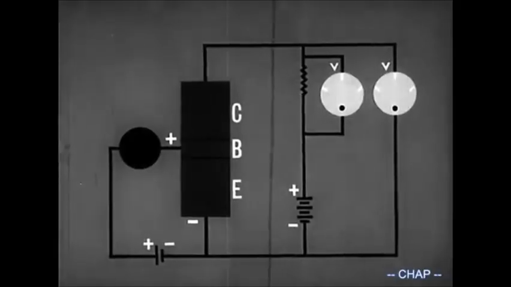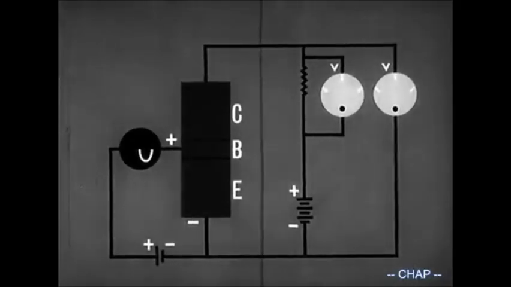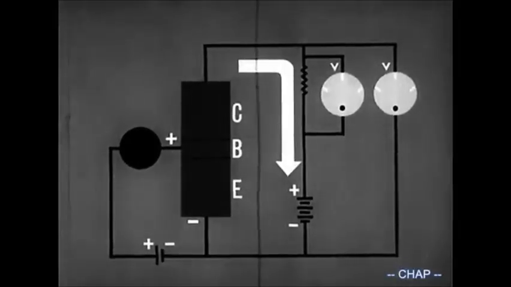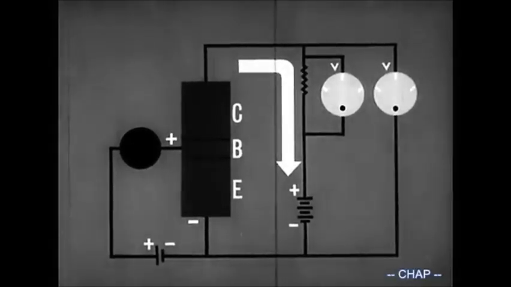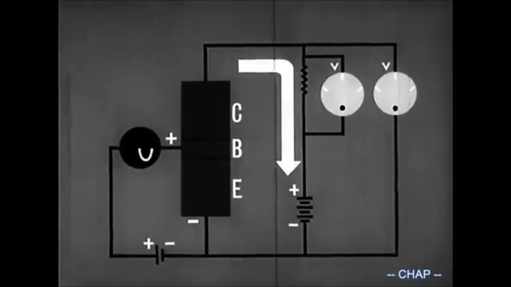During the negative alternation of the input signal, the forward bias first becomes smaller, then comes back to its original value. This in turn causes the collector current to first decrease and then increase again.